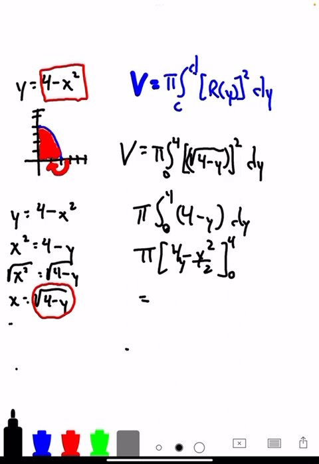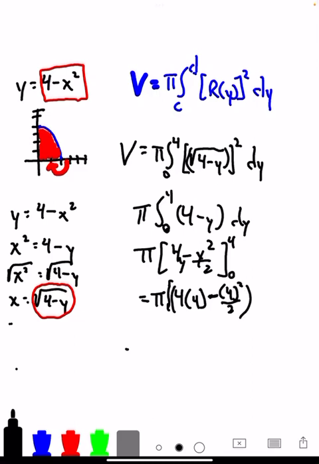So the last thing that we need to do is to plug in our 4. So that's going to be 4 times 4 minus 4 squared over 2.